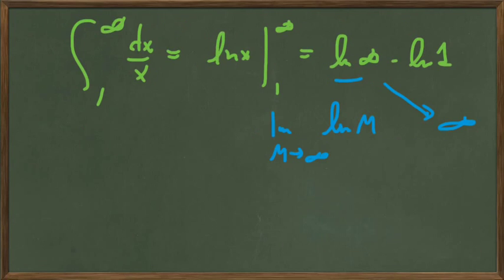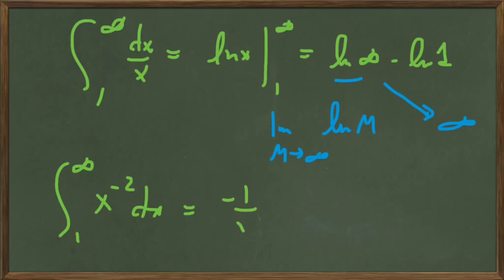Let's look at the next integral, though. The integral between 1 and infinity of dx over x squared, which can be written as x to the minus 2, when we integrate it is minus 1 over x.